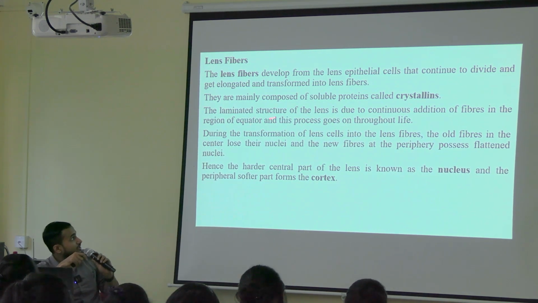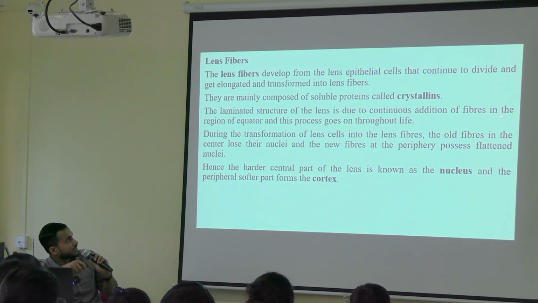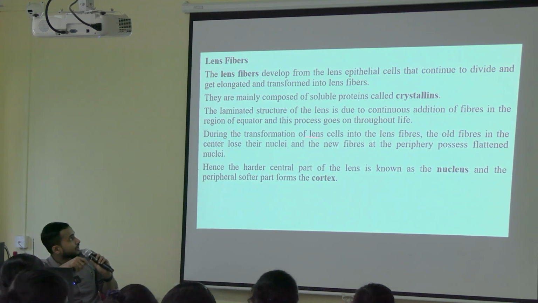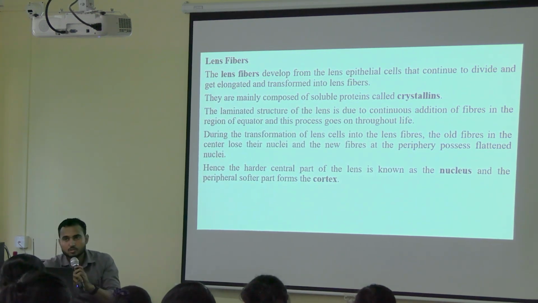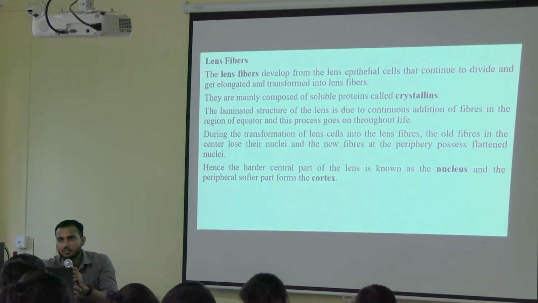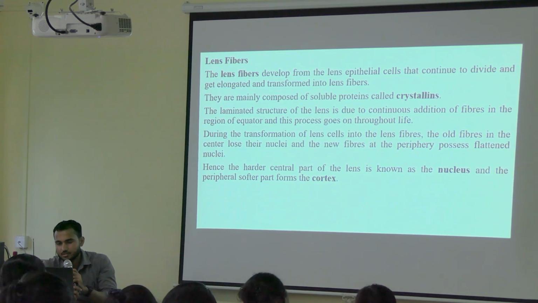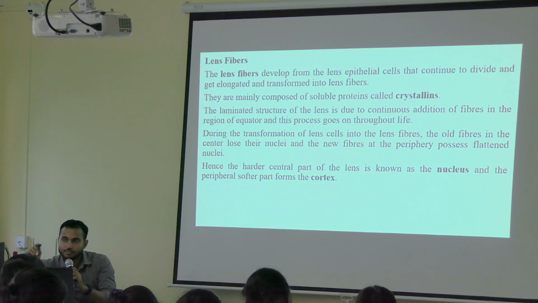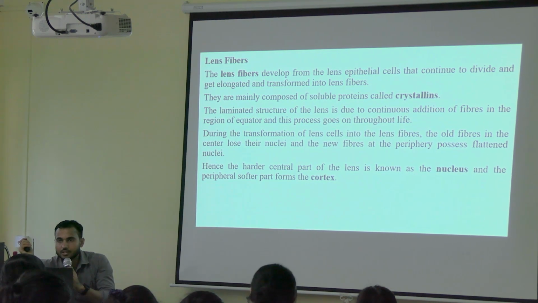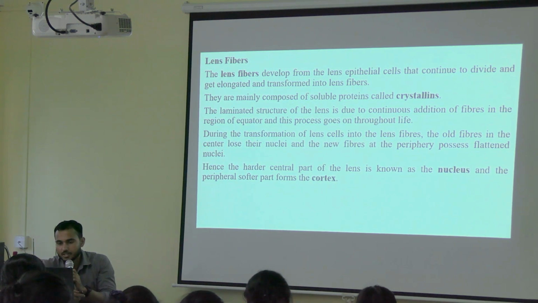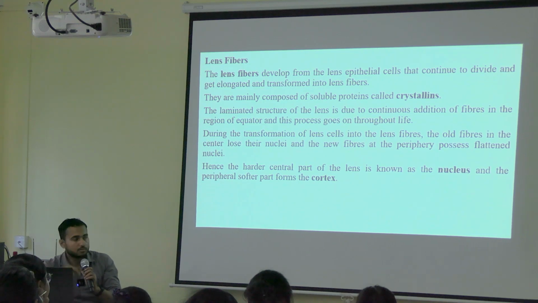So the laminated structure of the lens is due to continuous addition of fibers in the equator region throughout life. So if anyone asks you how the fibers are arranged in the crystalline lens, they are in laminated form.